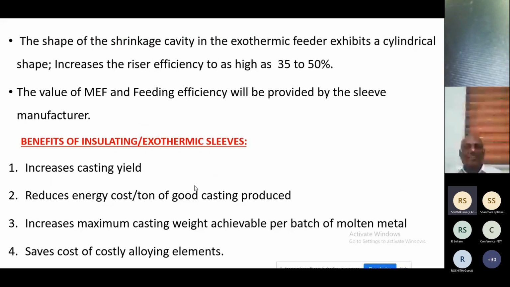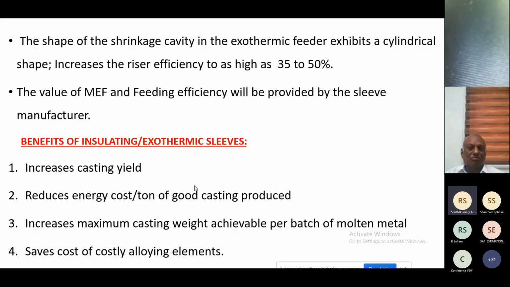The shape of the shrinkage cavity in the exothermic feeder exhibits a cylindrical shape. It increases the riser efficiency to as high as 35 to 50%. The value of MEF and feeding efficiency will be provided by the sleeve manufacturer.